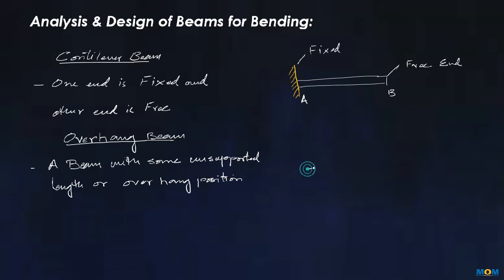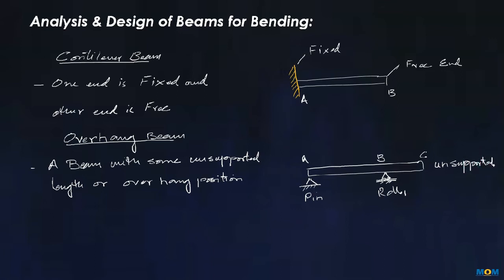Let's say we have a beam and this is supported with a pin support at, let's say, A, and at point B with the roller support, and this C end is unsupported. You can say unsupported length.